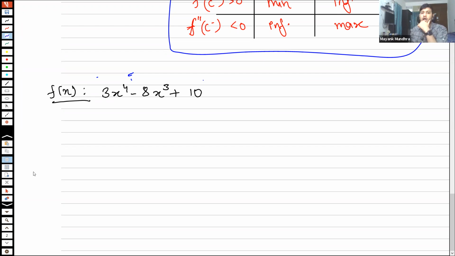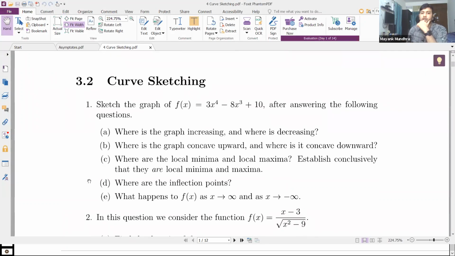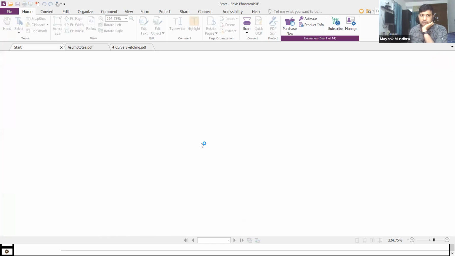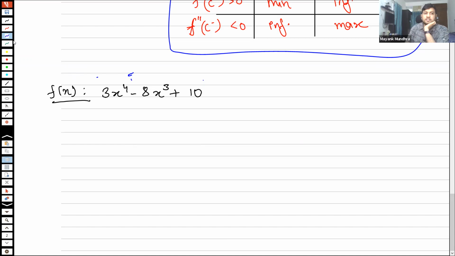How this problem set approaches this question is that it has broken down the entire process of finding the curve of any function into these parts. First it says, when is the graph increasing and when is it decreasing? The first part is when is this graph increasing.